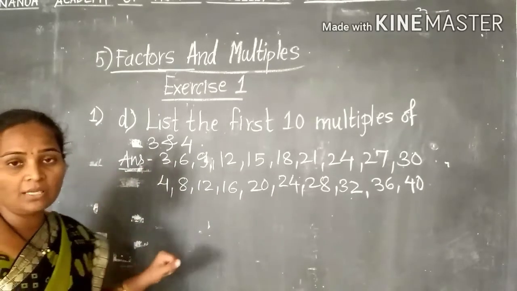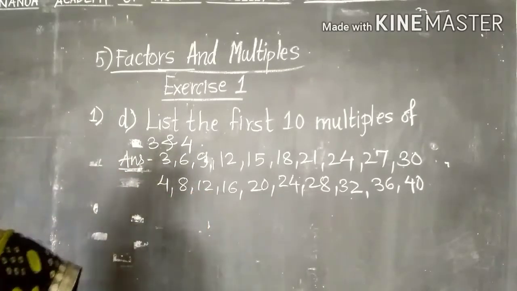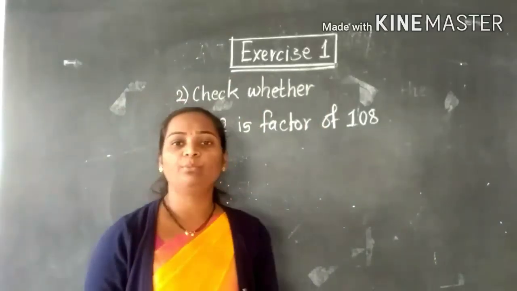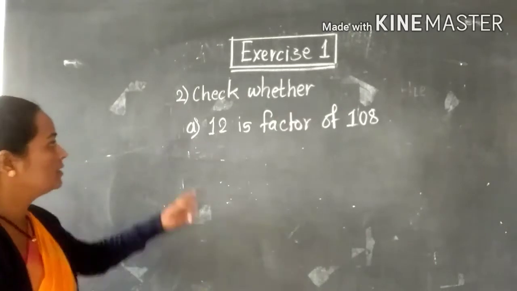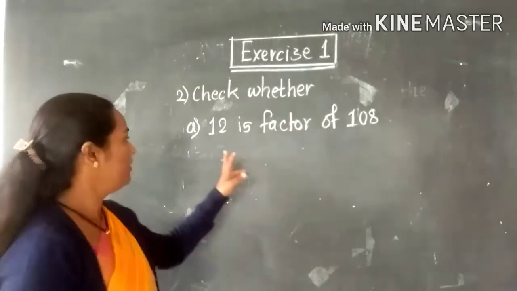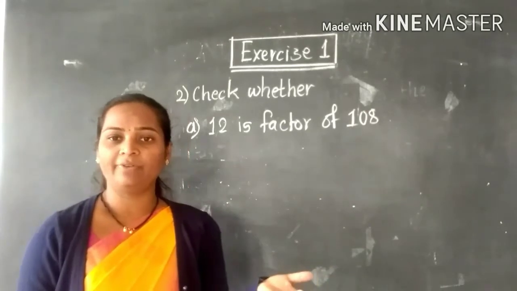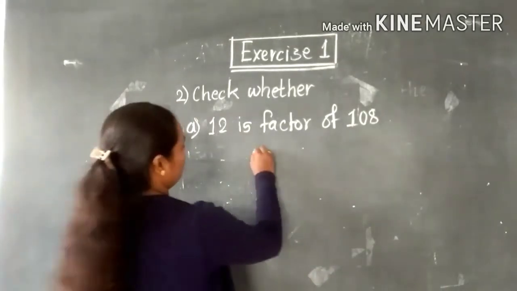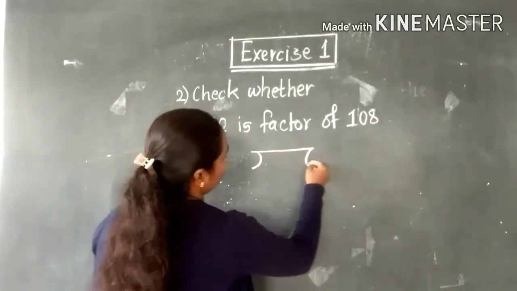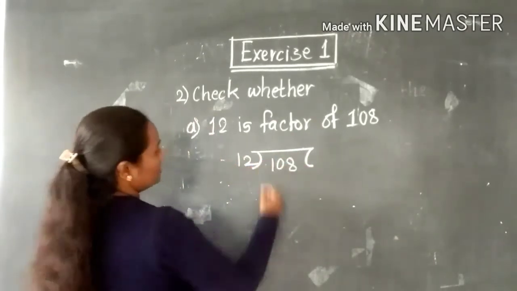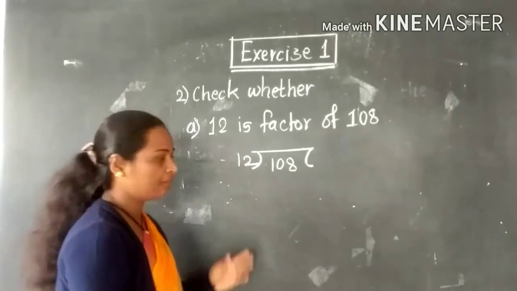Now I will discuss question number 2. Here is your question number 2 from exercise number 1. Check whether 12 is a factor of 108. That we have to find out. See, what is a factor? If a number is divisible by that number, it is called a factor of that number.